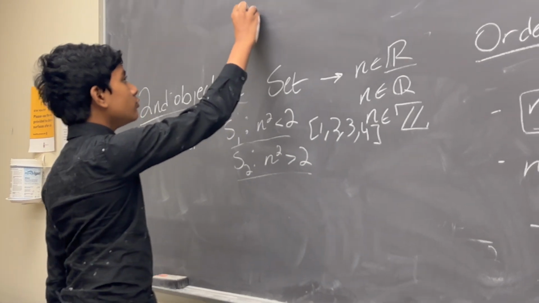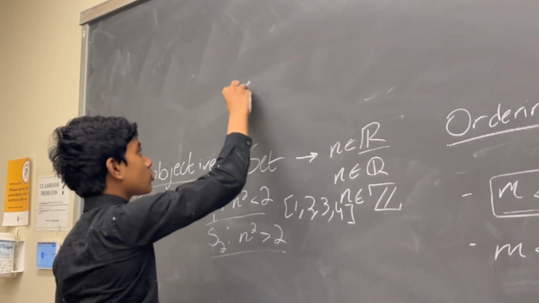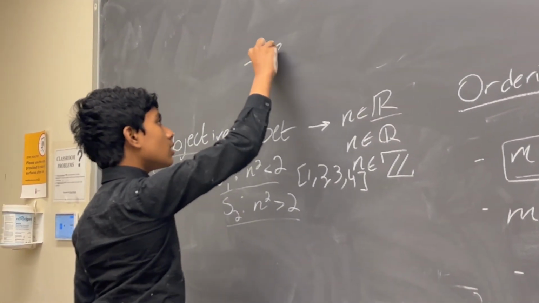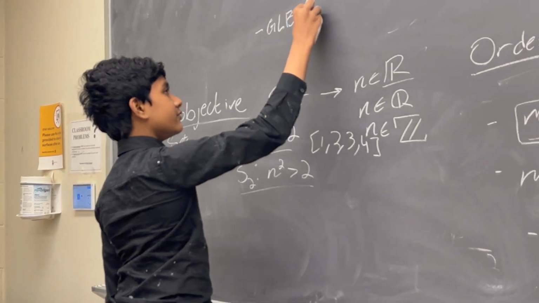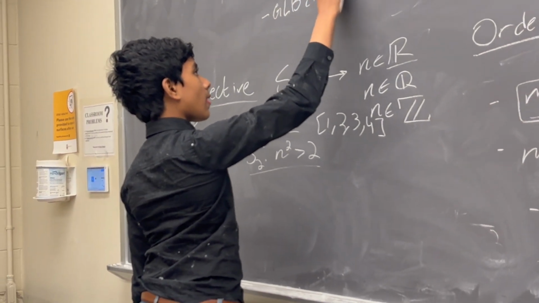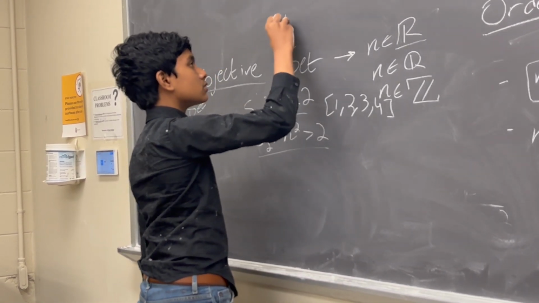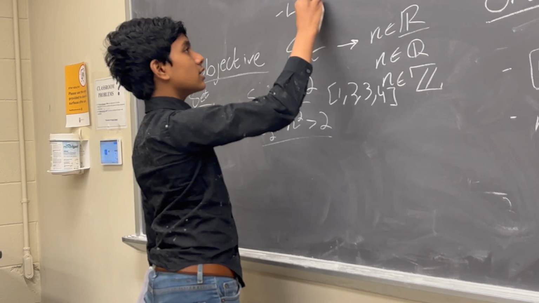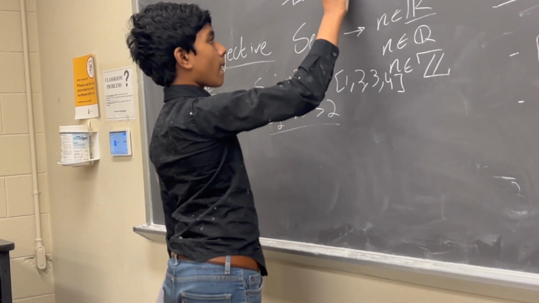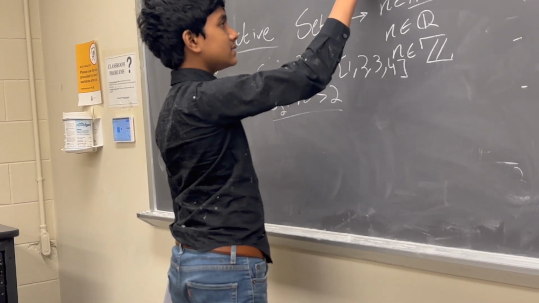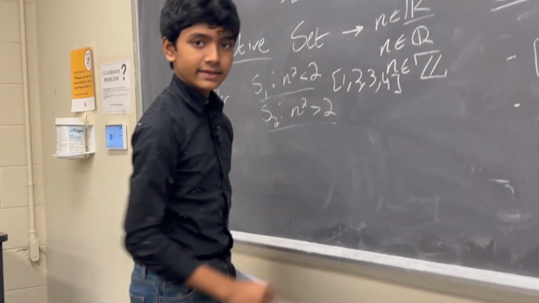Well, we can create two numbers known as the greatest lower bound, also known as the infimum, and the least upper bound, also known as the supremum. And they are what they say in the name.